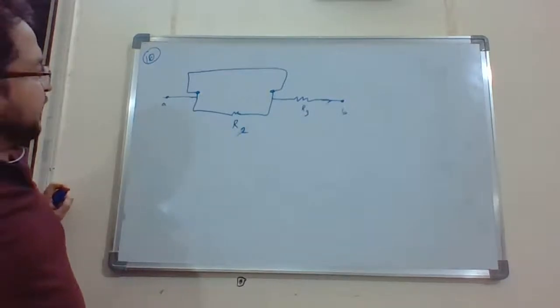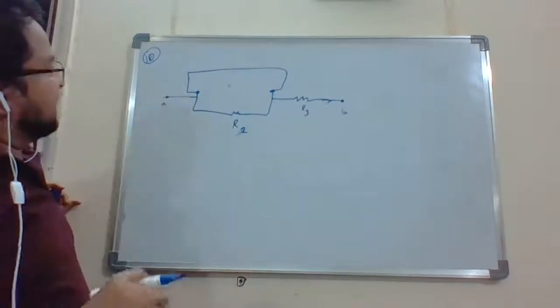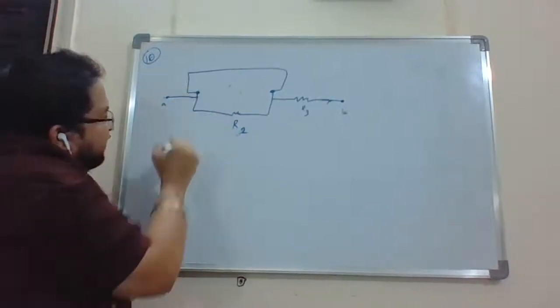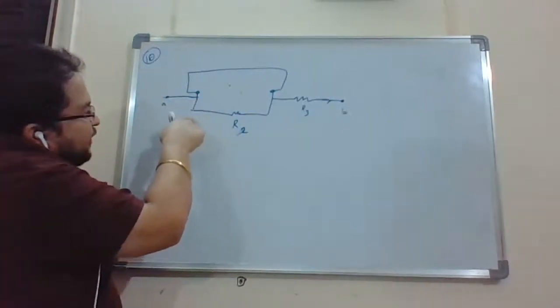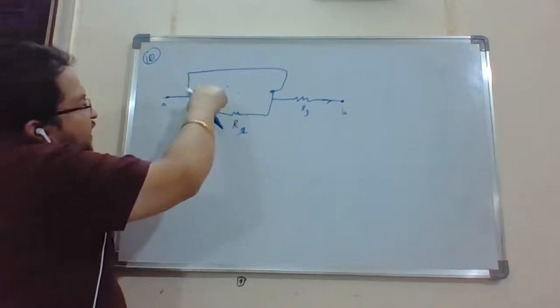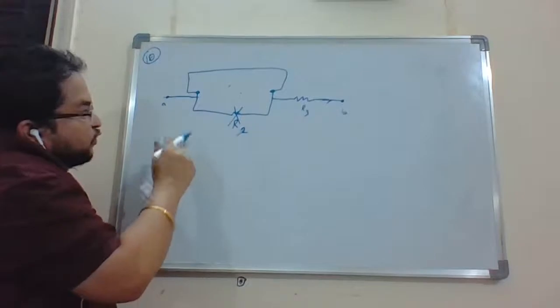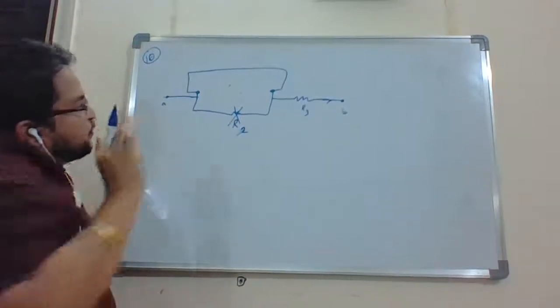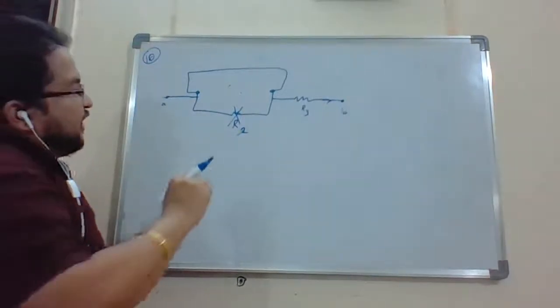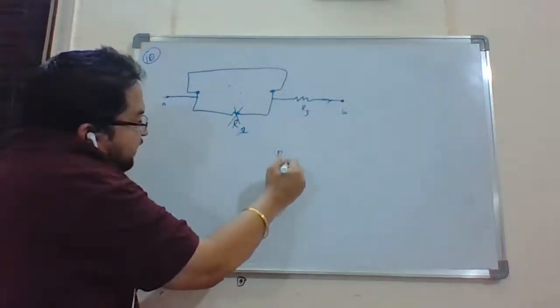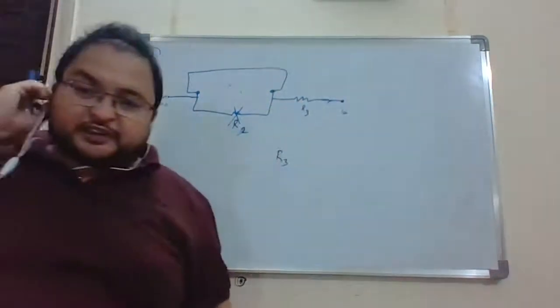Now the current coming here has a resistance through this part and a short circuit through this part, so nothing will go through this part either, and it gets cancelled out. Finally you are left with only R3, and the equivalent resistance would be R3.